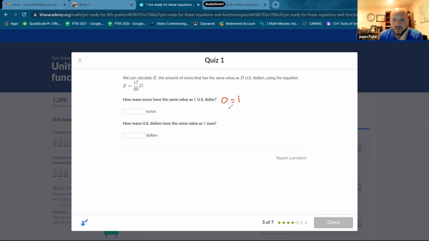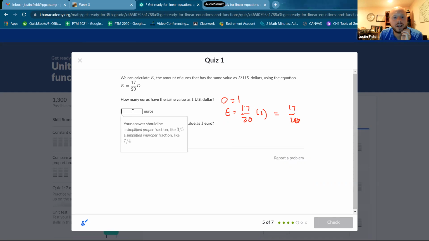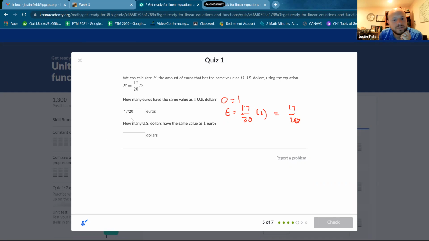So we write this equation, but instead of writing D, we substitute 1. And 17/20 times 1 is 17/20. Oh my. So that would be the answer. No, it says simplified. Well, 17 is prime, so it's simplified.